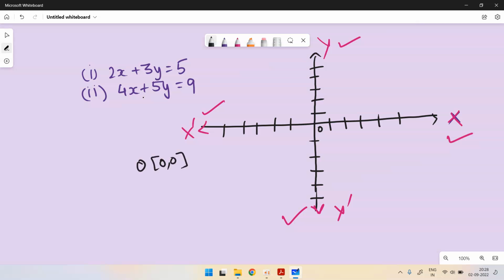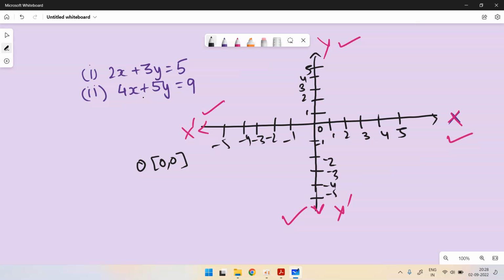Now you have previously plotted this: here, x is 1, 2, 3, 4, 5, and minus 1, minus 2, minus 3, minus 4, minus 5, and the same for y.